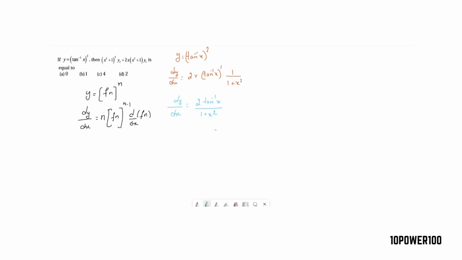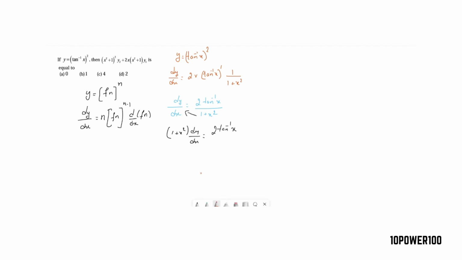So before getting into the second differentiation, we have to send it to the left hand side. So this becomes 1 plus x square into dy by dx is equal to 2 tan inverse x. Now it is ready for the second differentiation.